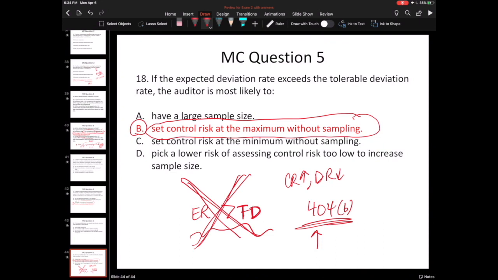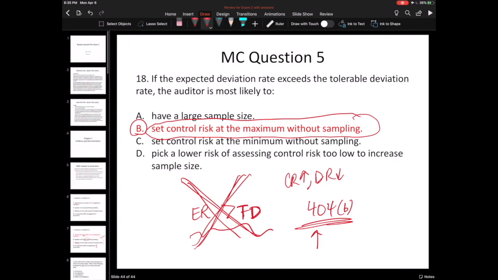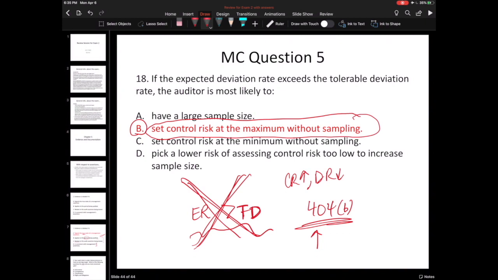It just covers how it should work in theory. So in theory, you would never test the control if you expect it to fail beforehand, because it doesn't really make sense. The only reason we would do it is because of regulation, because we're mandated by the government to do so in certain cases. But there's no conceptual reason why you should be doing that.